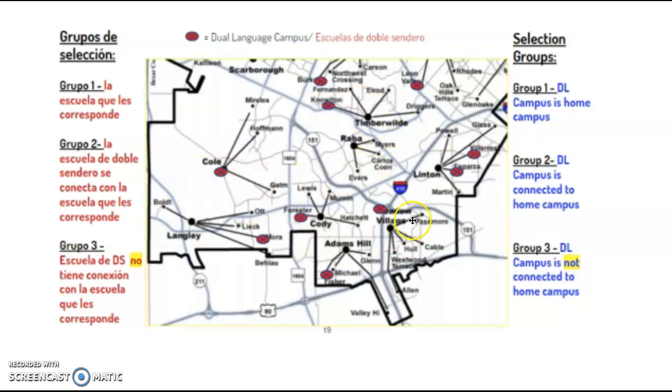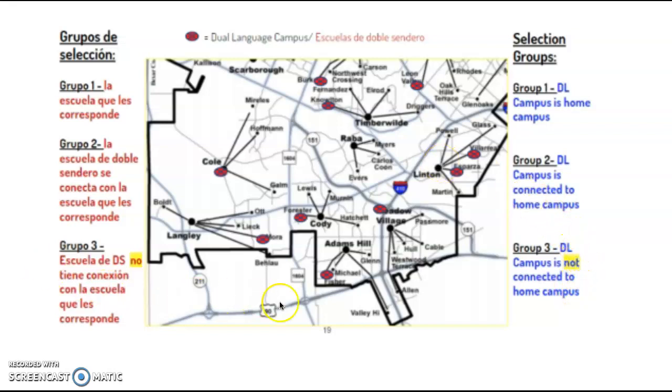Now, if you live in any other area, you may still apply to Knowlton, but then you will fall under Group 3 because your school is not directly connected to Knowlton.